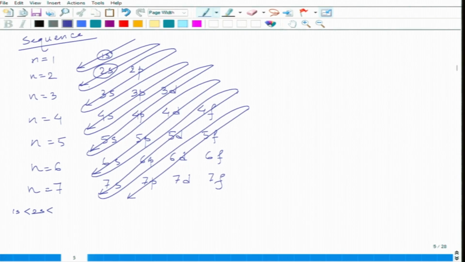Now if we again follow the path, we reach 2p. So 2p. Then we get 3s. After that we get 3p. Then 4s.